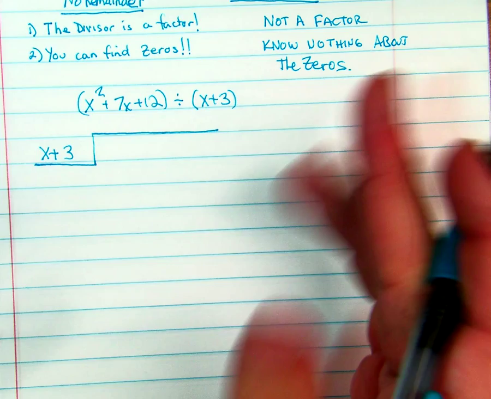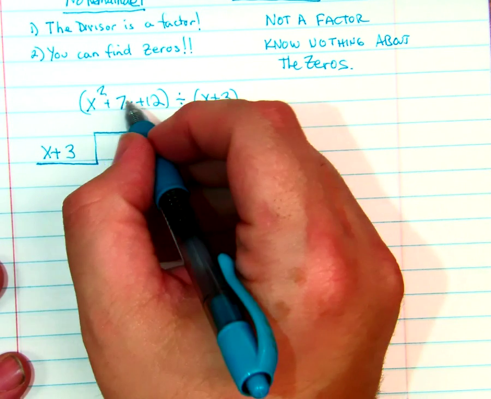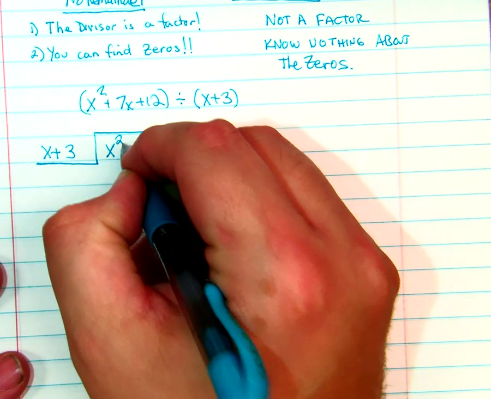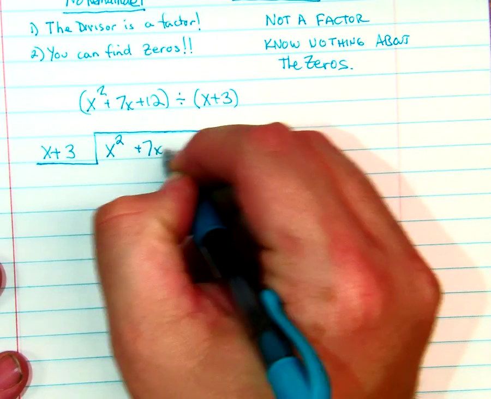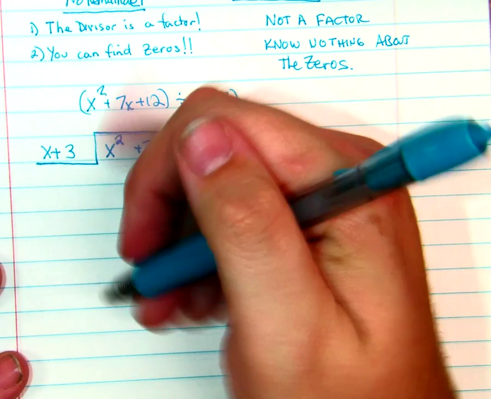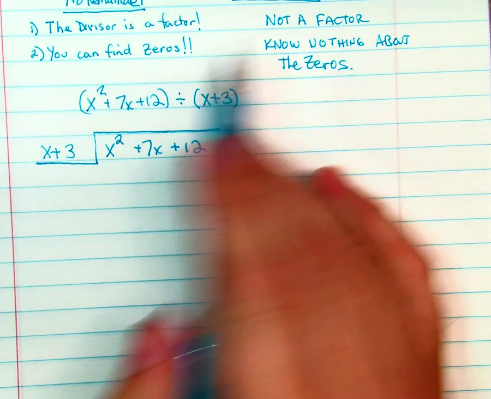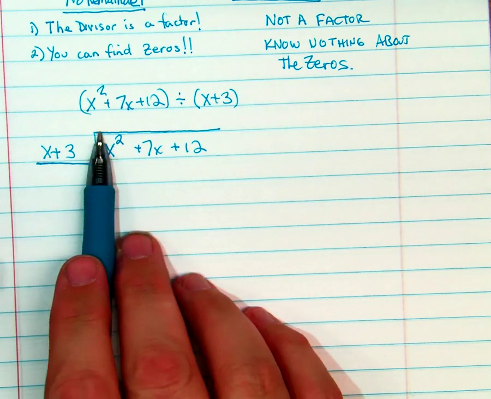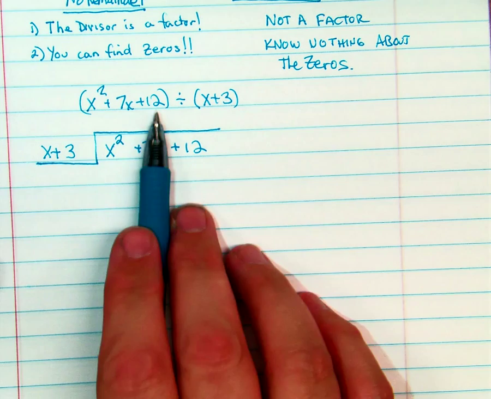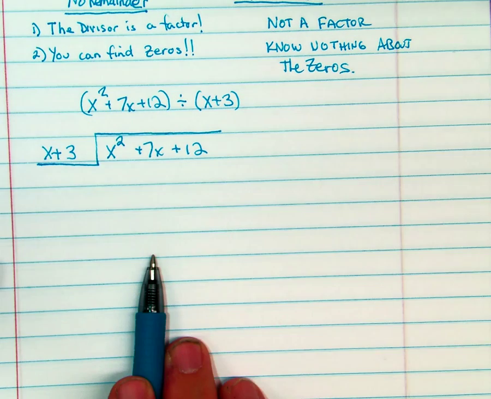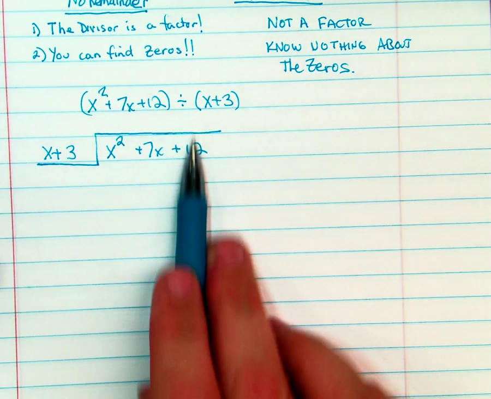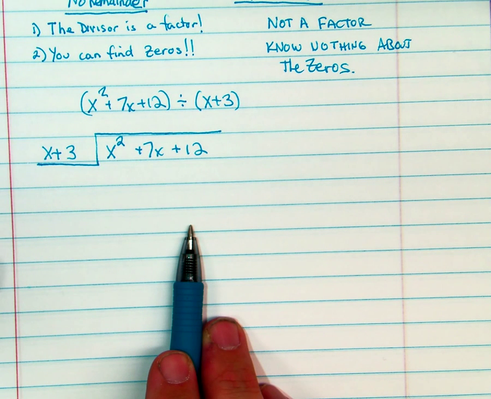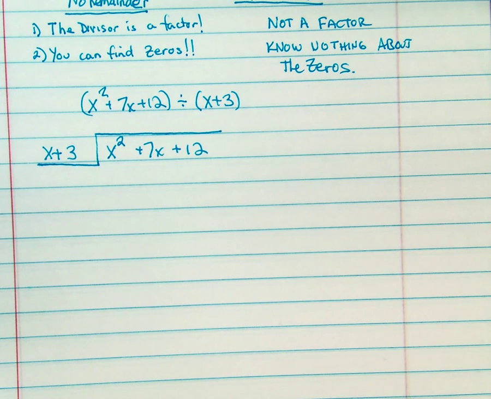But what we want to do is we want to put the x squared plus 7x plus 12, and we want it in columns. Because whenever we have something with an x squared in it, we're going to put it in that same column. Whenever we have something with an x in it, we're going to put it in the same column. Whenever we have something with a number in it, we're going to put it in the same column. Now, a couple things you need to focus on.